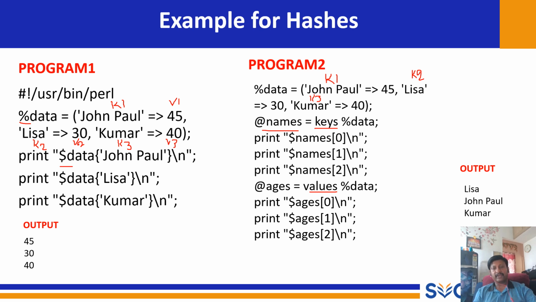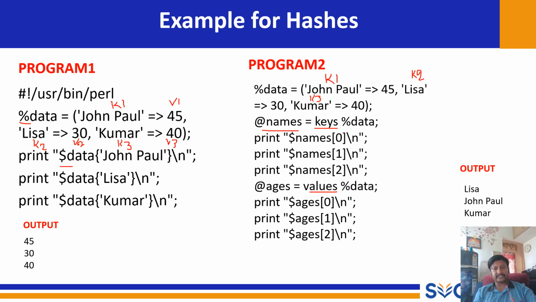Similarly, just like the predefined function keys, we also have values. The input you have to give is again %data. So only the integer values 45, 30, 40 are stored as scalars in this ages array.